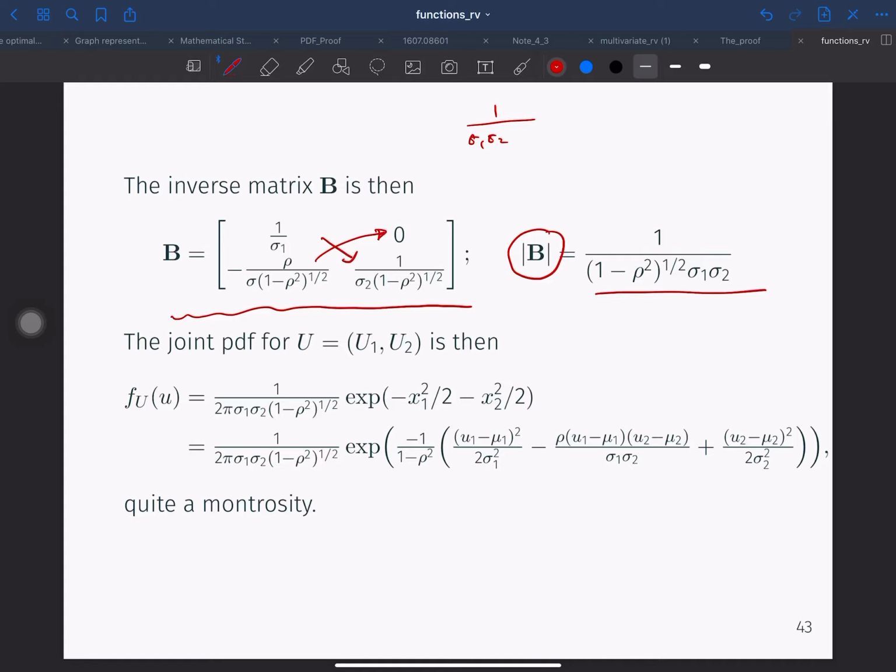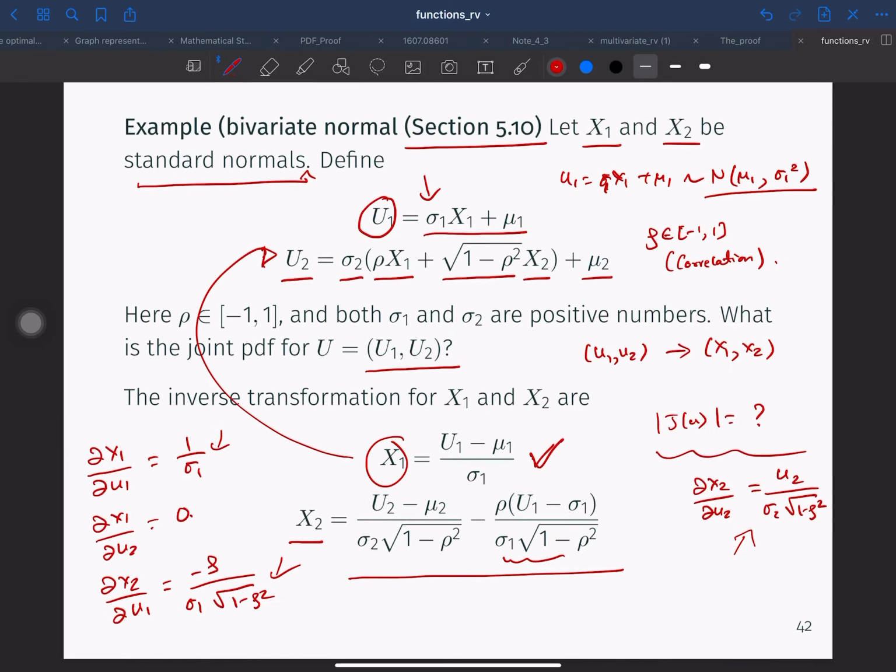And so the joint PDF for U1, U2 is the Jacobian times the exponential of minus X1 squared divided by 2 minus X2 squared divided by 2, where by definition X1 is U1 minus mu1 divided by sigma 1, and X2 is what we said here.